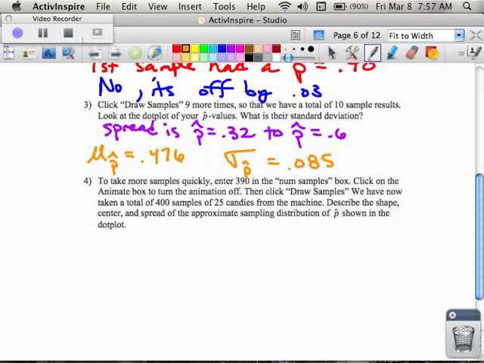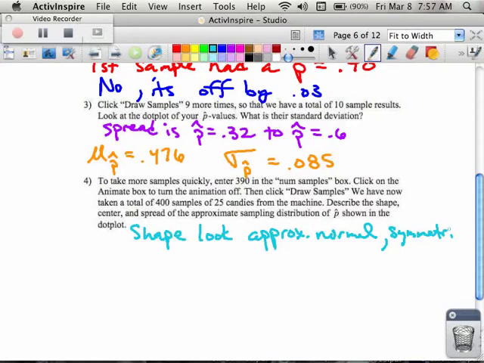Thanks for the animate thing. So first of all, the shape looks approximately normal. It's symmetric for the most part.